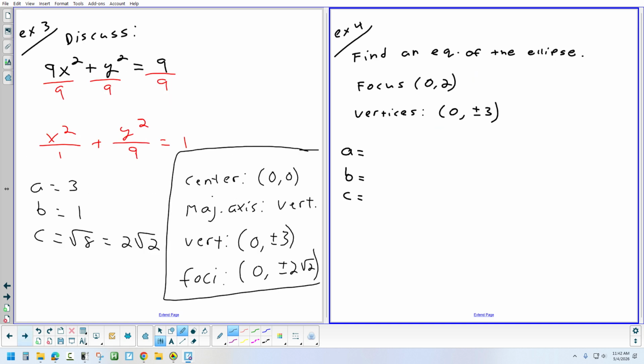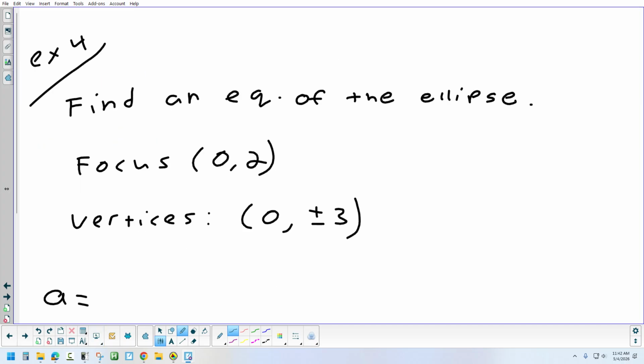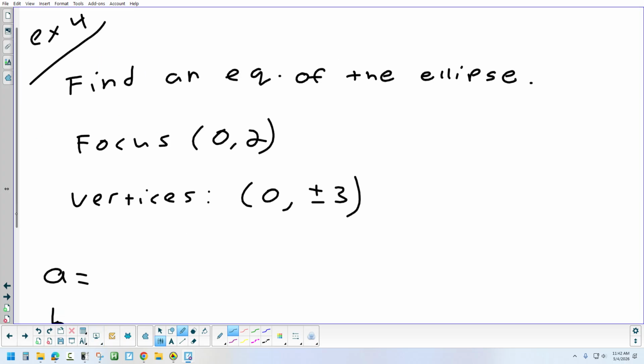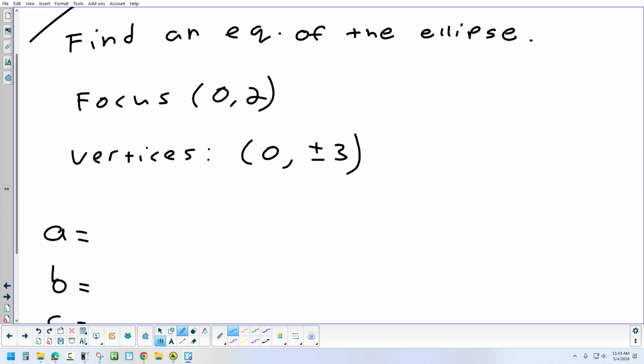All right. Let's try this one. Now I want you to find the equation. It says a focus is at 0, 2, and the vertices are 0, plus or minus 3. This piece of information tells you something.